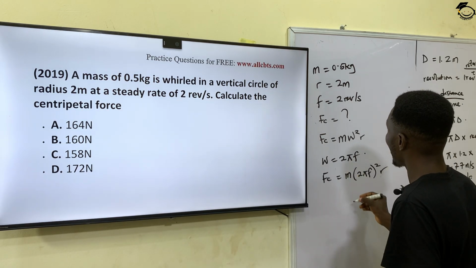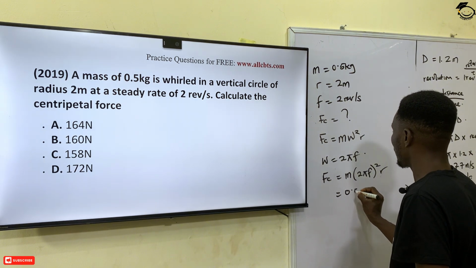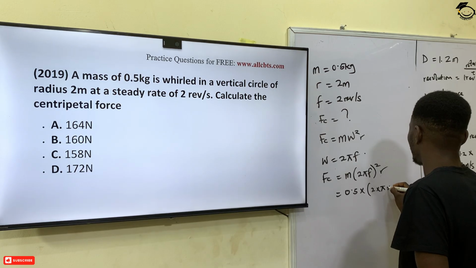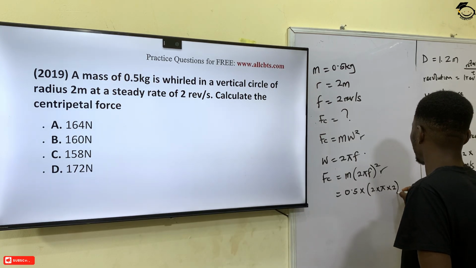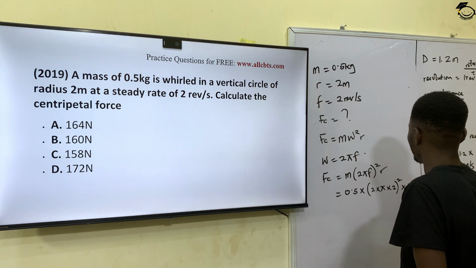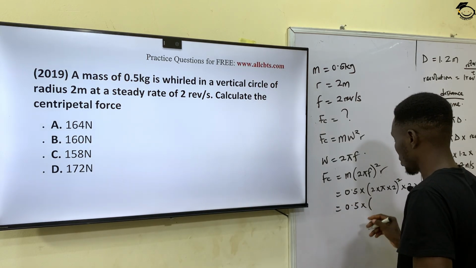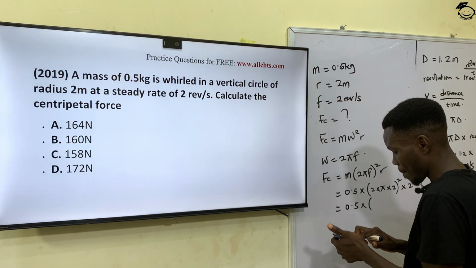So if I input my values, this will give me 0.5 times 2 times pi times my frequency, which was 2, squared, times 2.